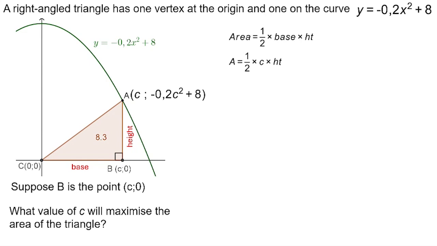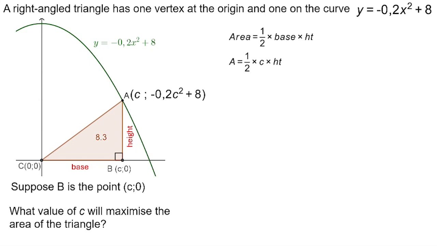Well, that point A is not just any point, it lies on the parabola. So it has the same x value as B. In other words, it has an x value of C, but because it lies on the curve, every point that lies on the curve has that relationship between its x and its y values. There's the equation for y, and there is the y value when we have C as our x value.